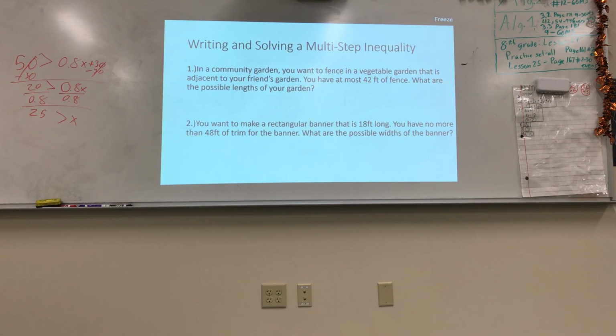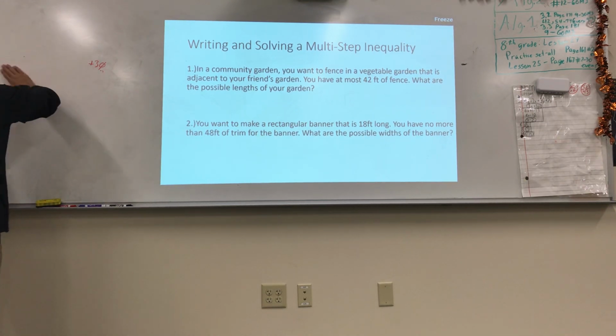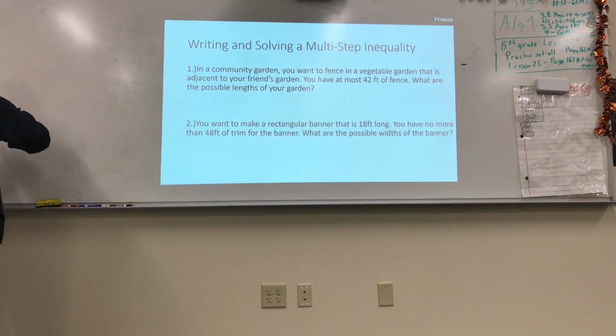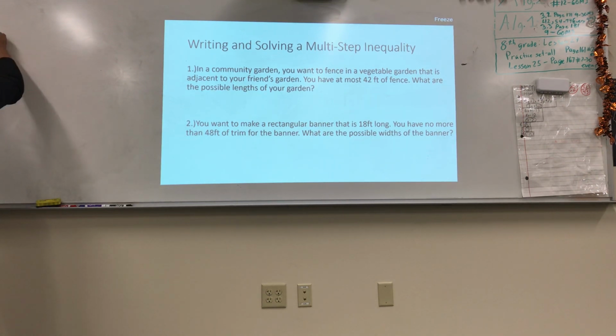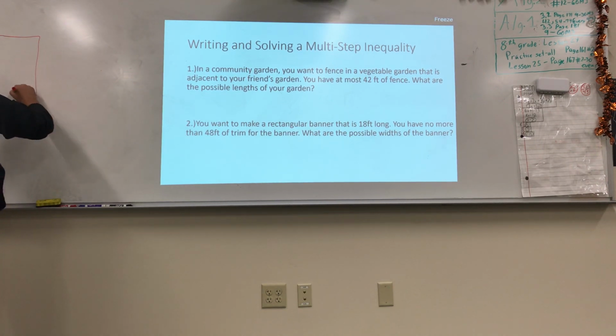Okay, so one thing you know about your neighbor's garden, and this is in the picture, is that it is 12 feet. So here's your neighbor's garden, 12 feet, and your garden has to go right next to it.